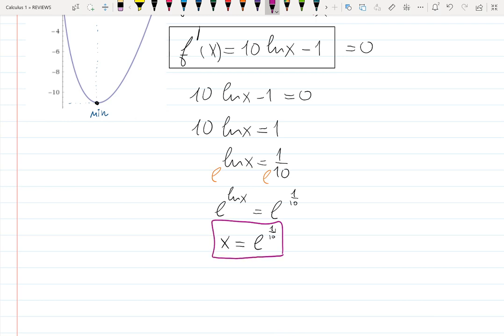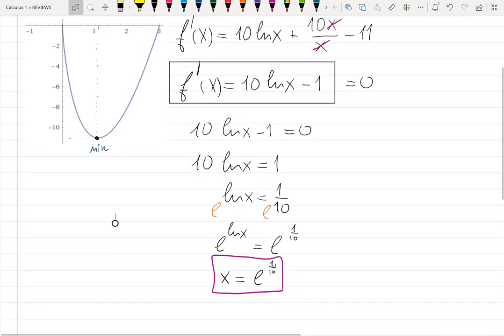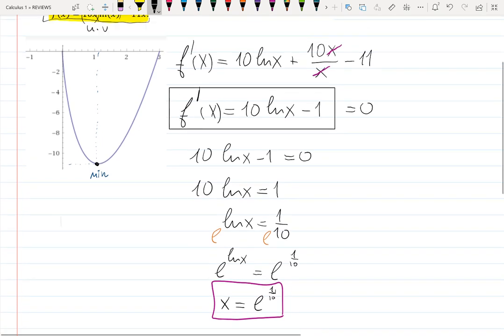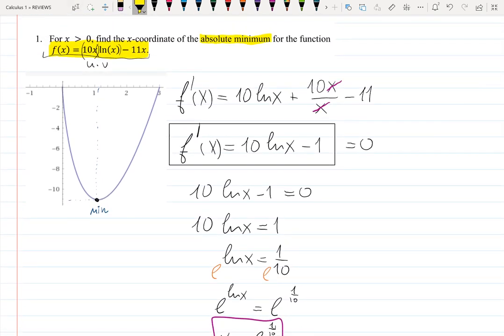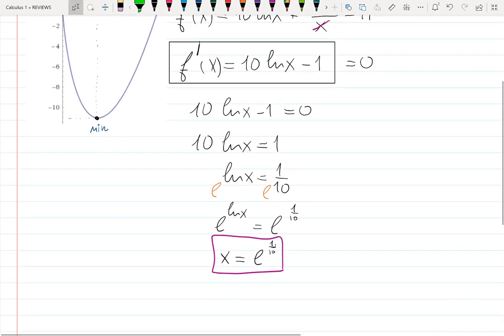If this point is located in the domain, then this point is a critical point. Let's check the domain. The domain is over here. x should be positive because log does not exist for negative or 0 inputs, right? So since e to the 1 over 10 is positive, because e is something like 2.7, raised to the 1/10 it's still positive, then this is what we call a critical point.